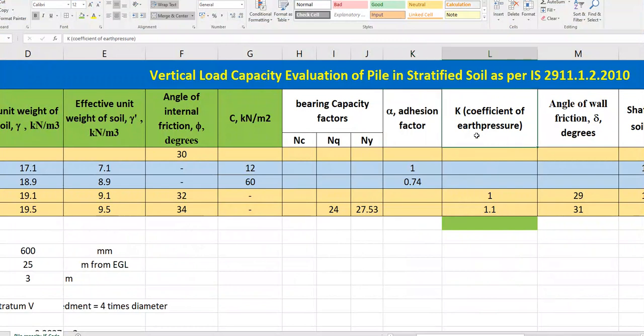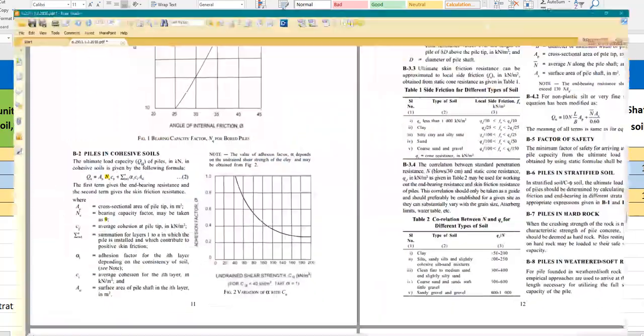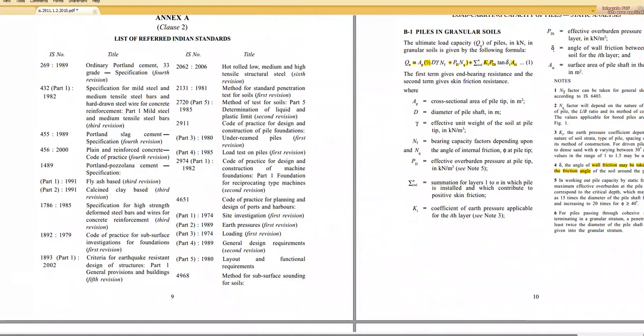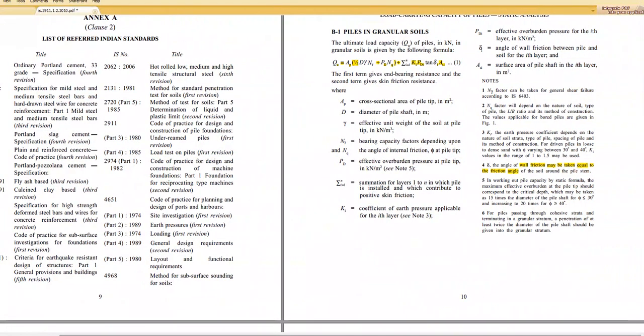K is the coefficient of earth pressure. This we have already seen. If you come here and see note number 3, it is saying that if your phi value is 30 degrees to 40 degrees, your K will be 1 to 1.5. So you have to see your phi values first.